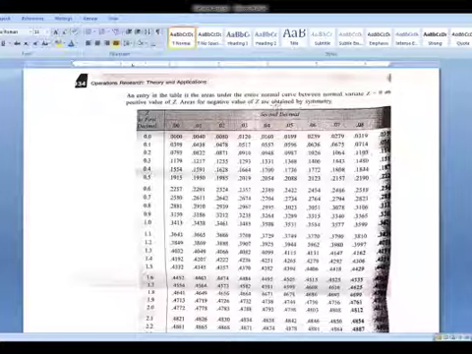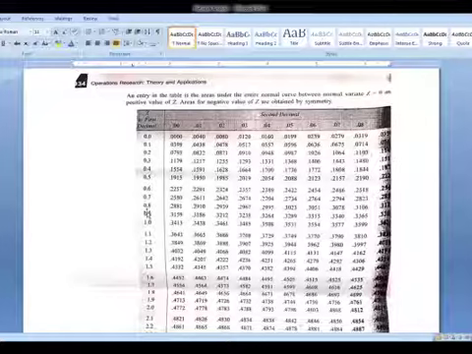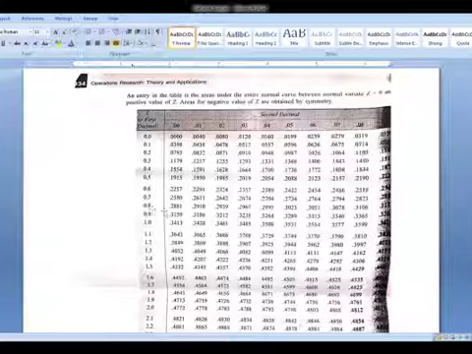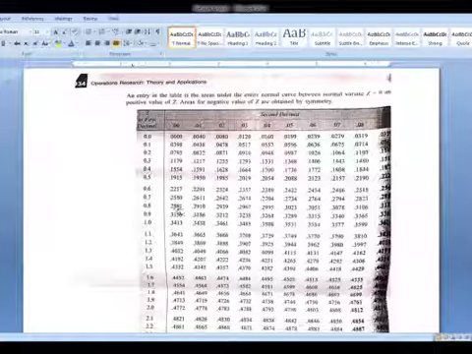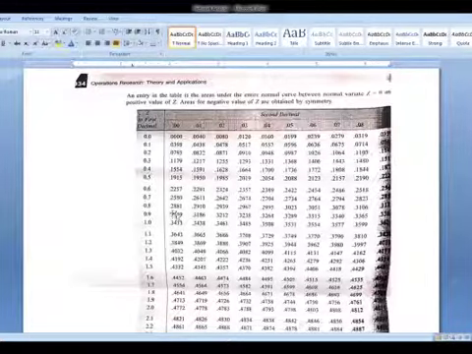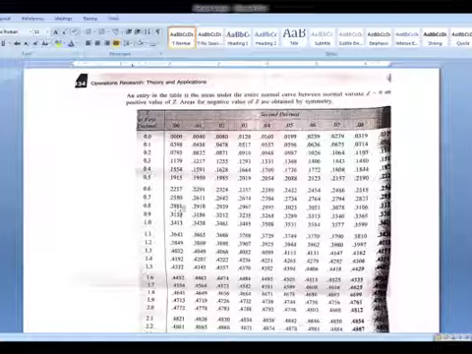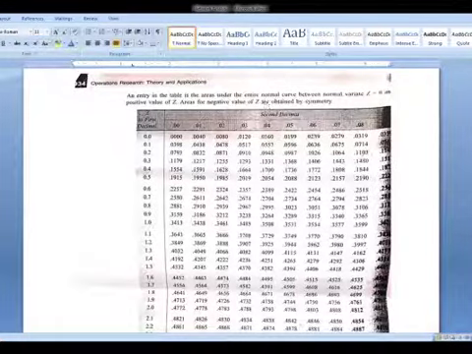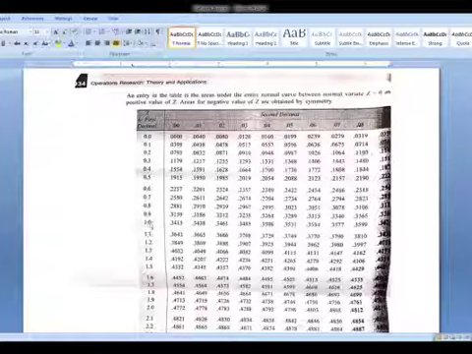Symmetry in the sense that half is given here, and the other half you get by adding 0.5. This is the first decimal, this is the second decimal. The first decimal is 0.8. We don't have a second decimal, so it is 0.80. If it was 0.81, you would look at 0.8 and then the column 0.01. So here it is 0.80, which gives 0.2881. Now this is only the half. The other half you get by symmetry. This is how you need to see the table.